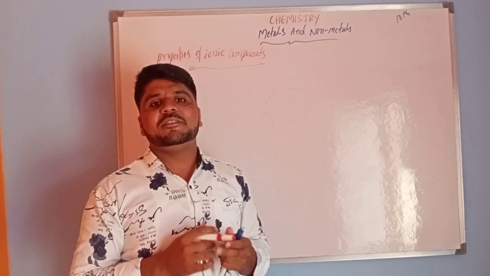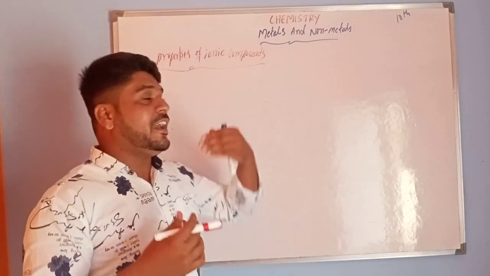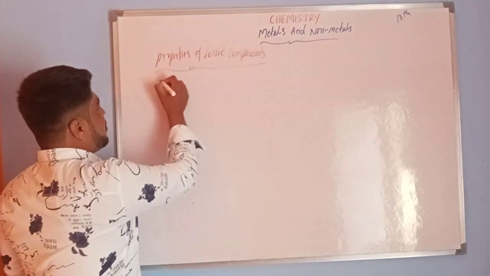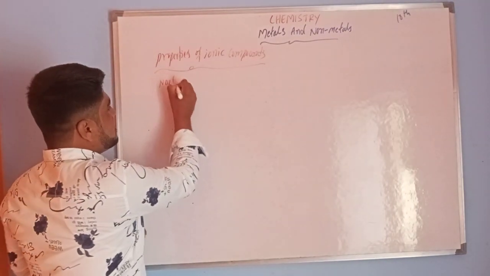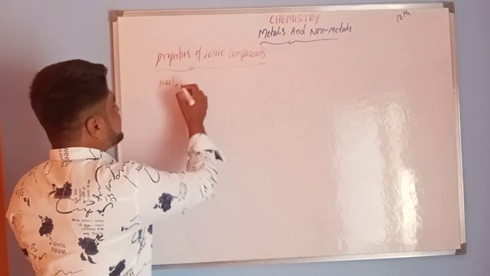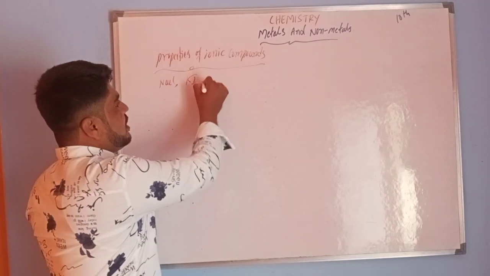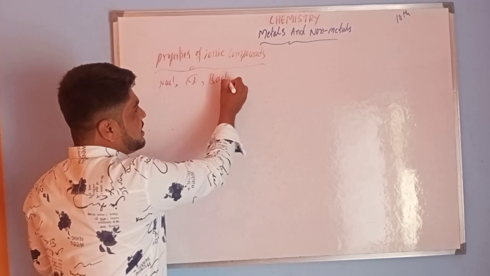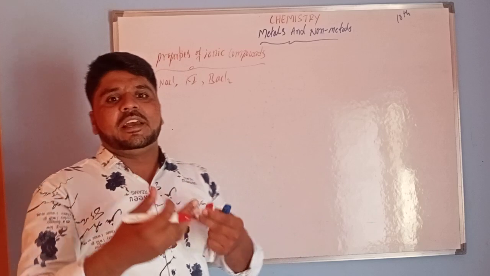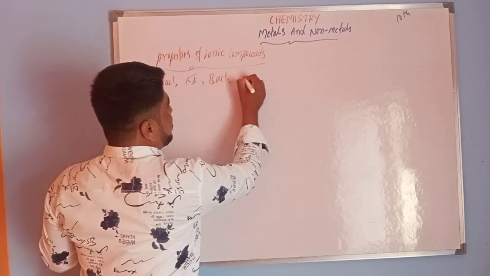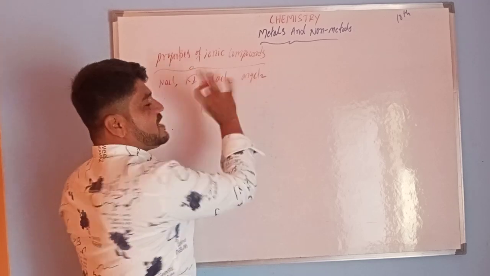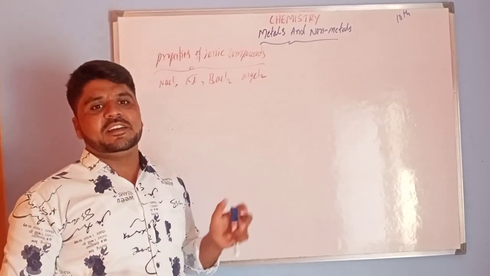For this activity, we need some ionic compounds like sodium chloride, NaCl, potassium iodide, KI, BaCl2, barium chloride, and some more examples like magnesium chloride, MgCl2. So these are the ionic compounds.